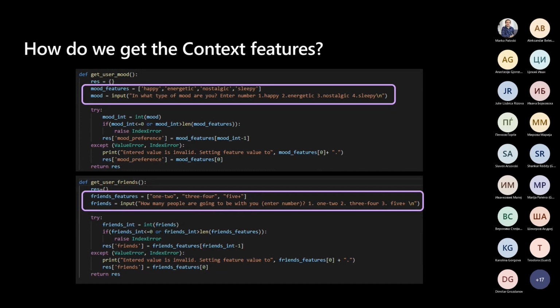We have cloned the repository and then opened it in our VS Code, and now we can start coding. So we have two very simple functions to get the data that we want to use for the user. And this is very simple. We have two, one for the mood and one for the friends group. And we get the input from the user in both cases.